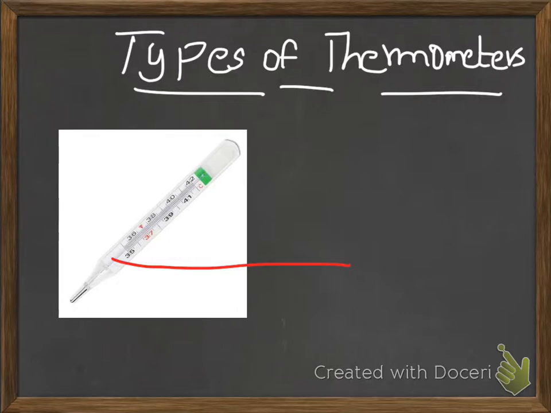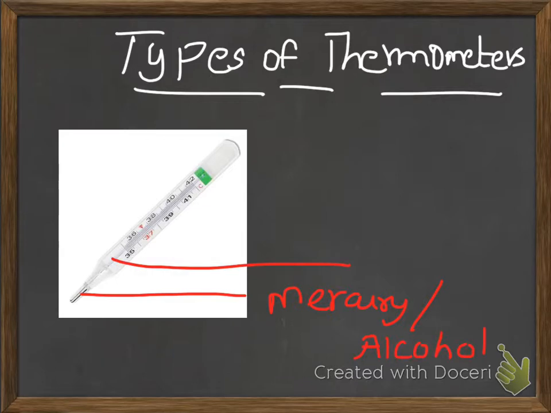That liquid can be mercury or alcohol. We prefer mercury because it's a metal and it expands when heat is added to it.